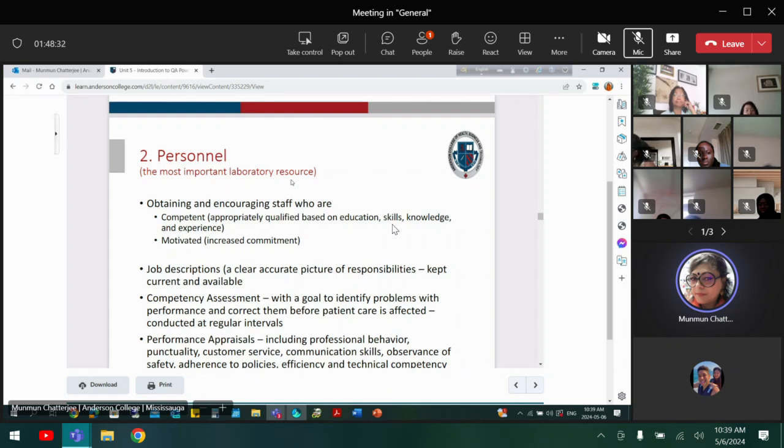That is the orientation and the clear conception, because if you are doing a job that is not in your job description, that is not going to be accepted.